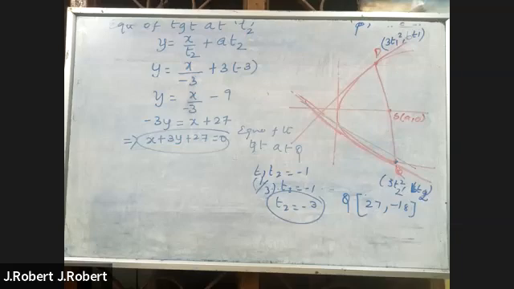Next, look: a tangent to the parabola y squared equals 8x makes an angle of 45 degrees with the straight line y equals 3x plus 5. Then one of the points of contact is... take down the options.